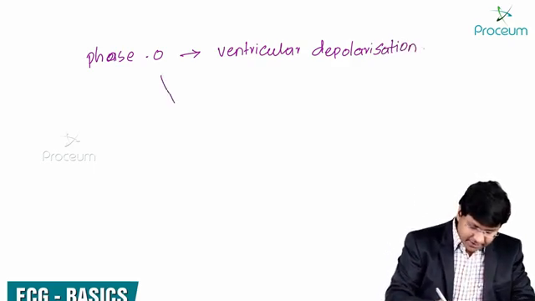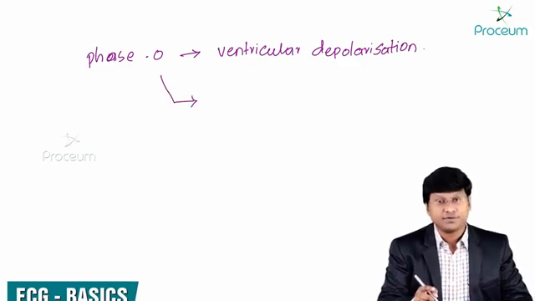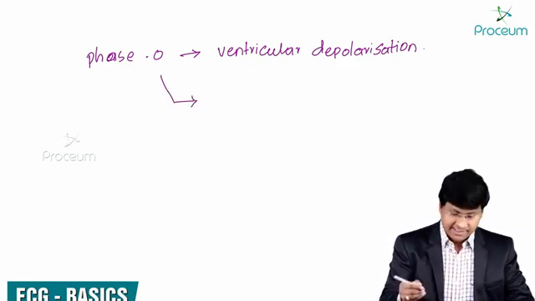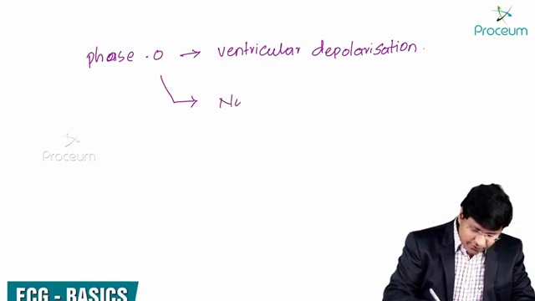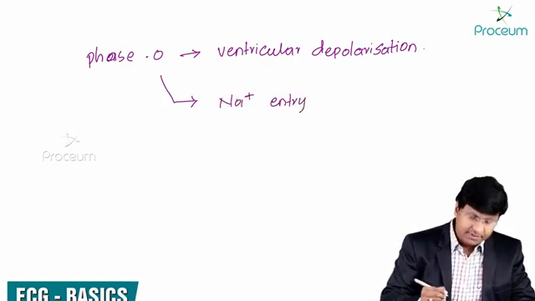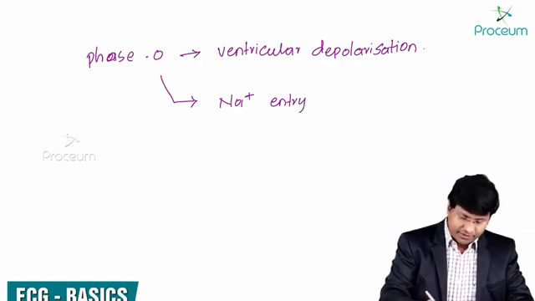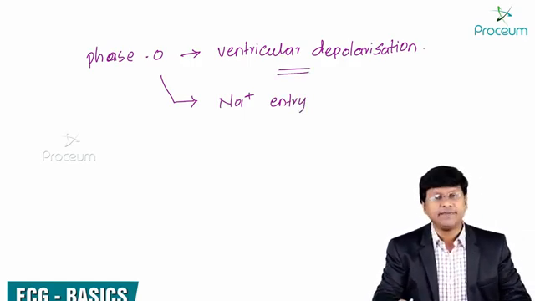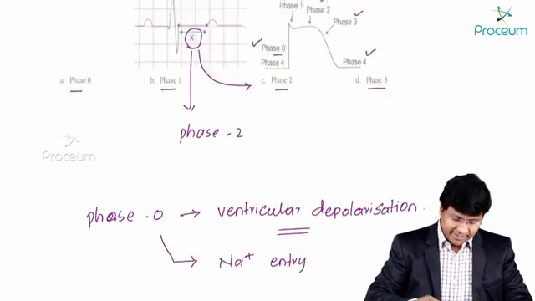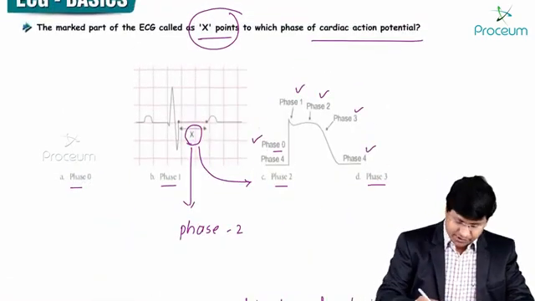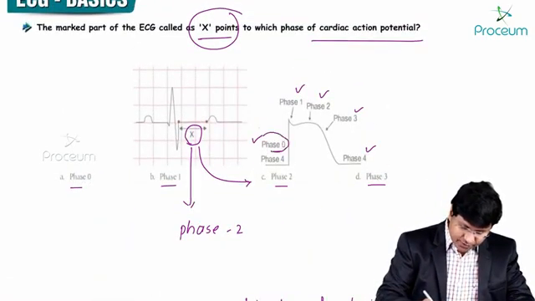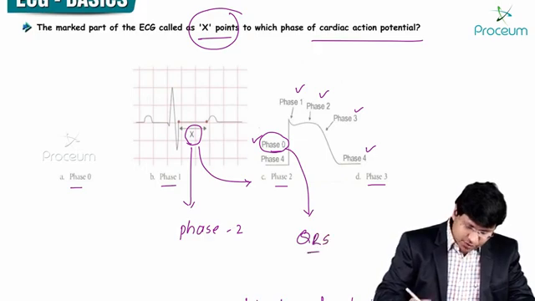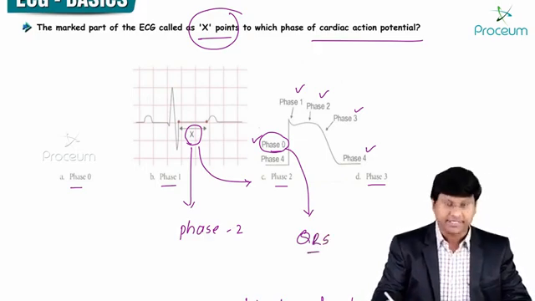And remember, phase 0 is the phase during which there is entry of sodium into the cells. Because of the entry of sodium into the cells, there will be activation of the ventricle, where there will be ventricular depolarization. So your phase 0 corresponds to the QRS complex.